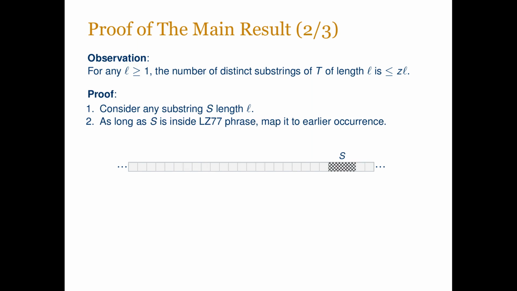Then, as long as S is inside some LZ77 phrase, map it to an earlier occurrence. Assuming this is the LZ77 parsing of the input, in this case the substring S is inside of the phrase of LZ77. By definition of the parsing, this phrase has an earlier occurrence in the text.